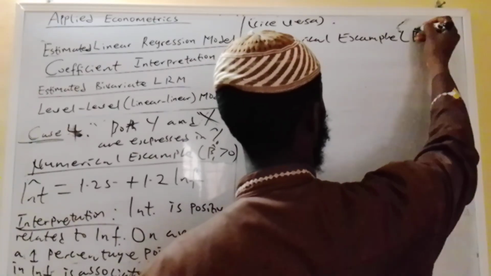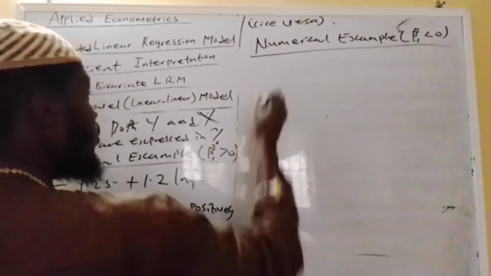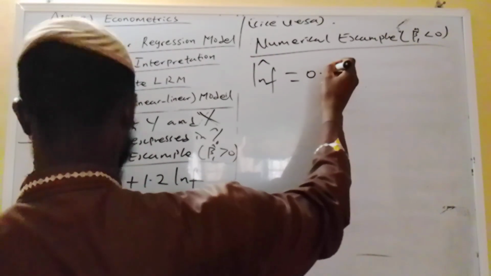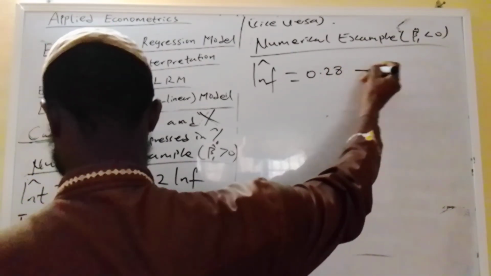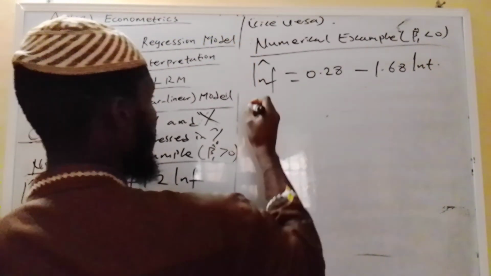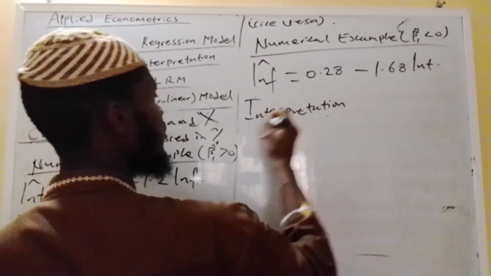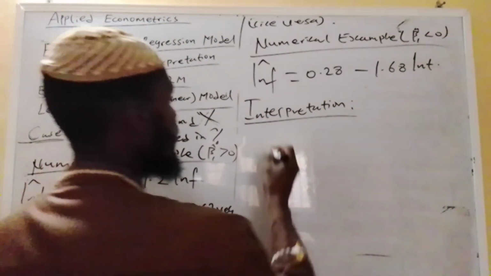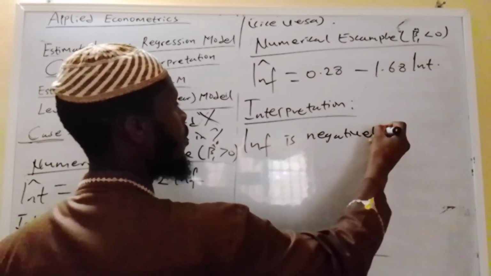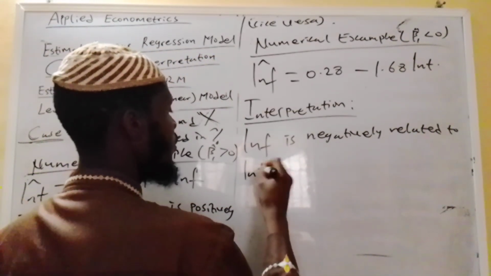Now what of a numerical example when we have beta 1 hat less than 0, that is, when it is negative? Let's say we have inflation regressed on interest rate: 28 minus 1.68 interest rate. How do you interpret that? Inflation is negatively related to interest rate.